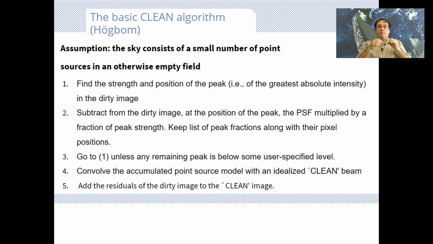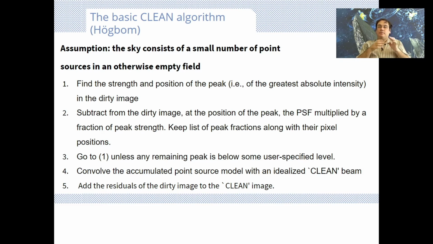That gives us a new residual image, right? So we can think of this as residual 1, where residual 0 will be the dirty image. At that subtracted position, we've recorded the amount of flux that we've subtracted out, so 10% of that peak flux, right?